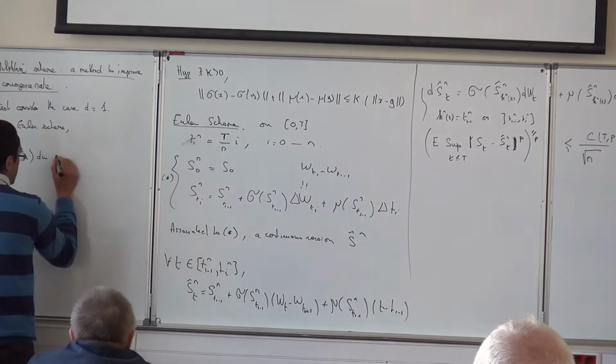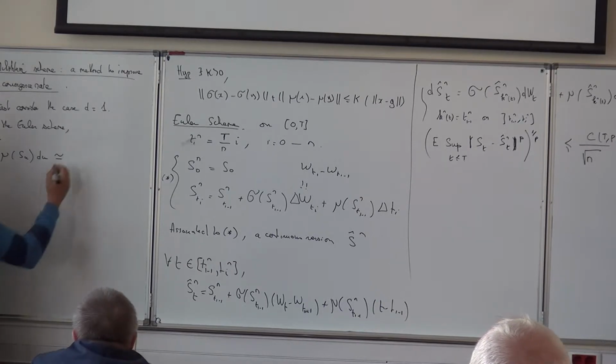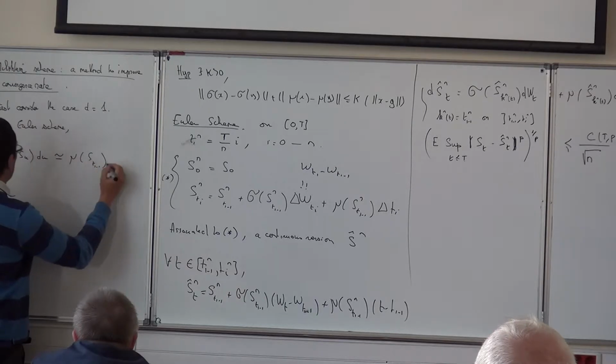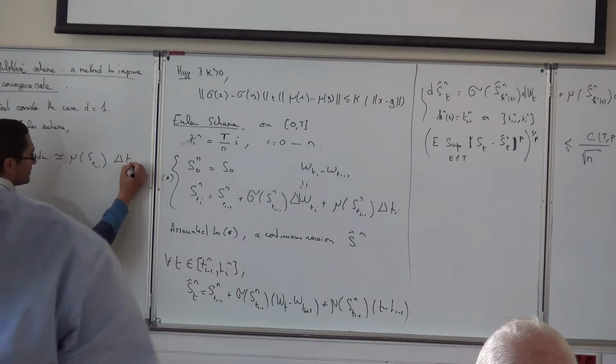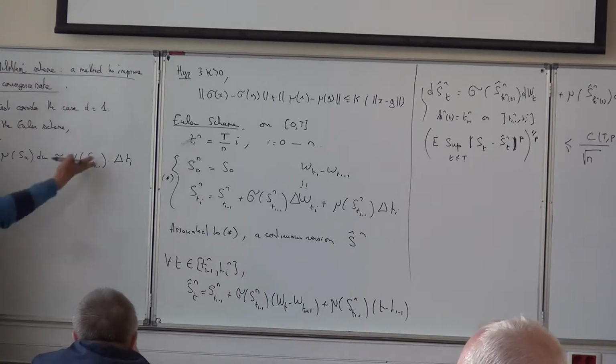Then we have used the fact that this integral may be approximated by mu(S_{t_{i-1}}) times delta t_i, just because mu is continuous, as a Lipschitz function, as well as S. Okay, and when you use this approximation, we need to control the error.